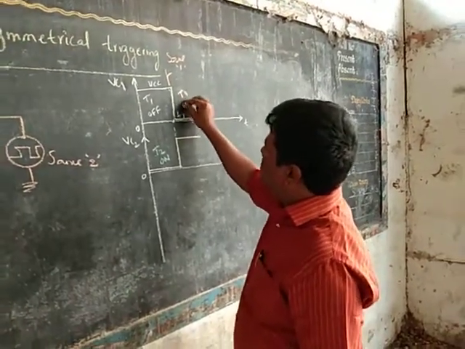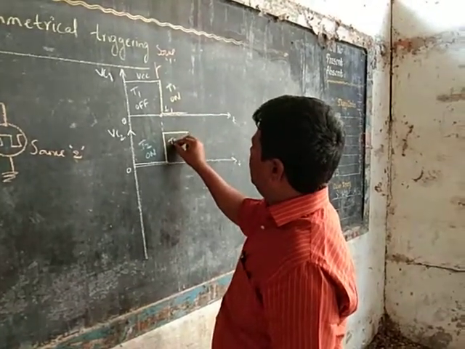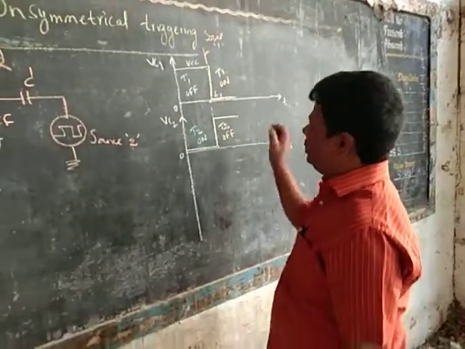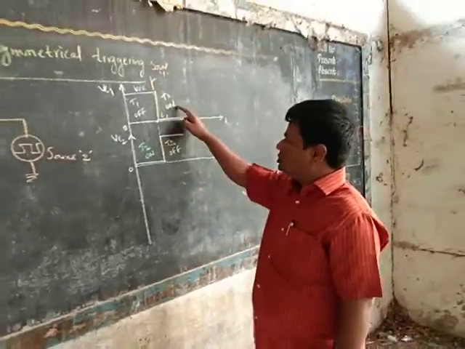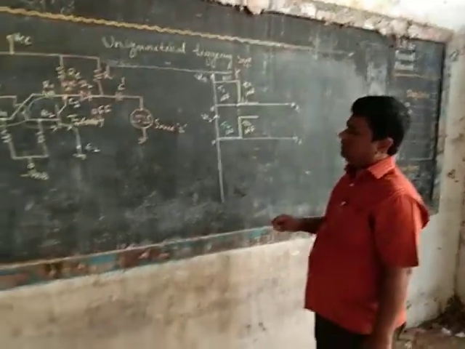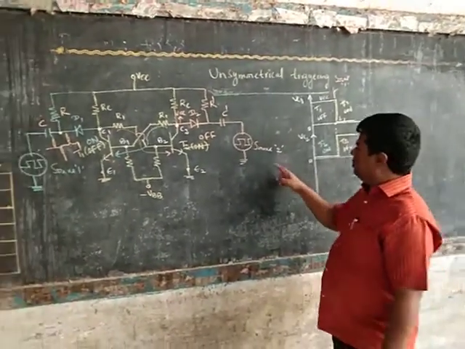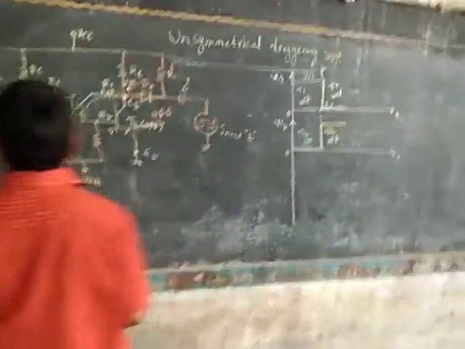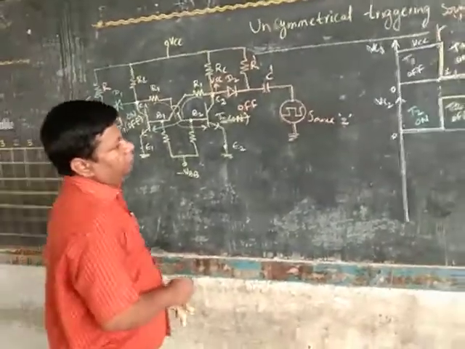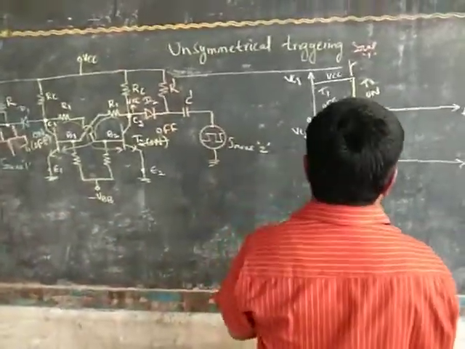Now T1 on, T2 off. Again these two are also stable states. To change the stable state, again we require a triggering signal. Now from triggering source 2.